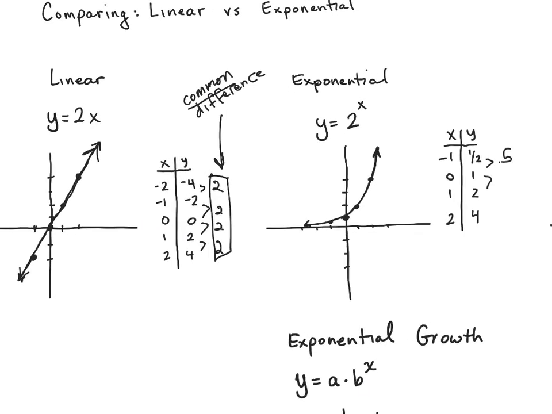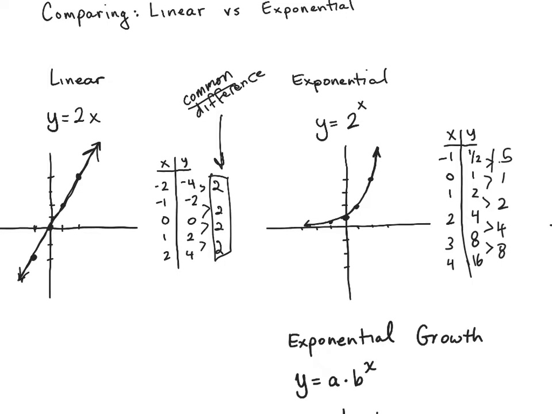The difference between 1 and 2 is a difference of 1. The difference between 2 and 4 is a difference of 2. And if I had continued this, the next one would be an x value of 3, a y value of 8. That's a difference of 4. The next one would have been 4 and 16. So then I get a difference of 8.